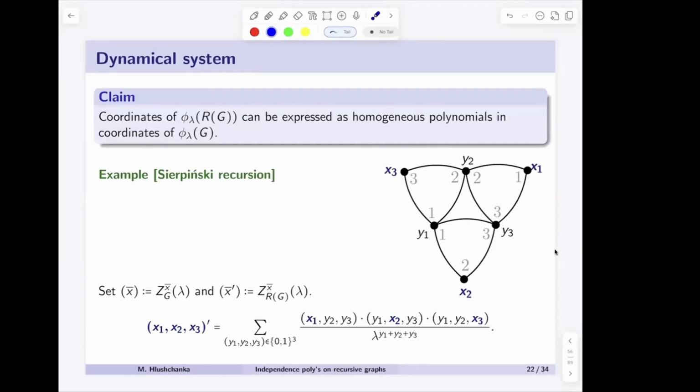So just by doing simple combinatorics, we have that the new coordinate is given by a homogeneous polynomial of degree 3, where 3 corresponds to the number of copies that are glued together. Well, okay, I have this compensation to also keep in mind, but we keep the parameter lambda fixed for now. So this is just a homogeneous polynomial of degree 3.